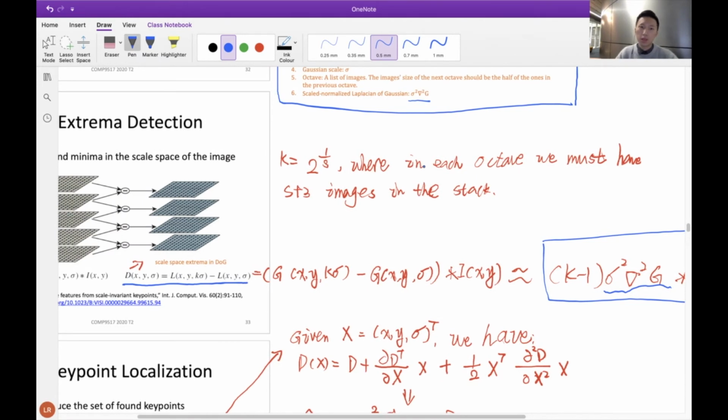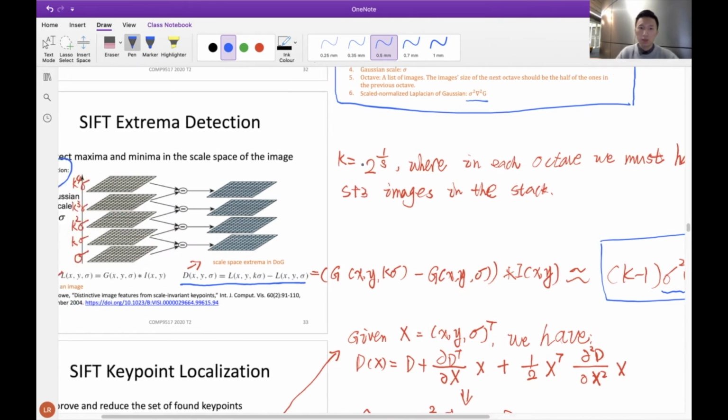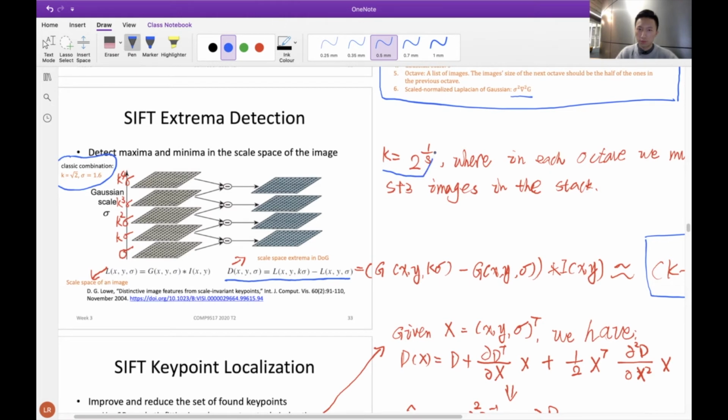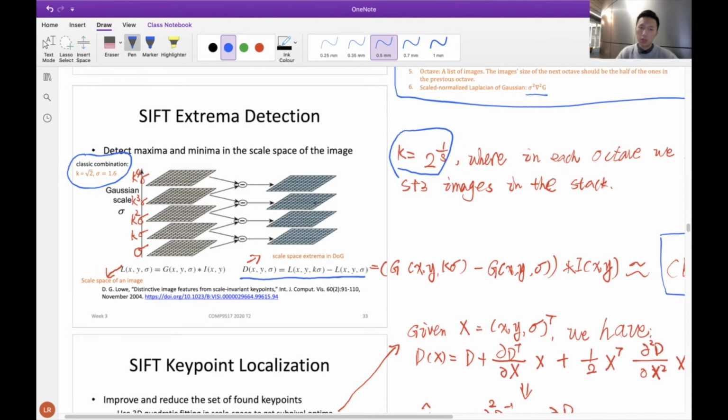Just a general idea would be sufficient, and we also have the constraint of k equals 2 to the power of 1 over s, while we should have s plus 3 images in each stack. I mean, the stack should be an octave here. So here's the octave. As s here equals 2, we have 5 images in this octave.